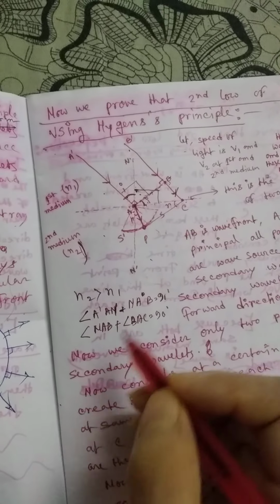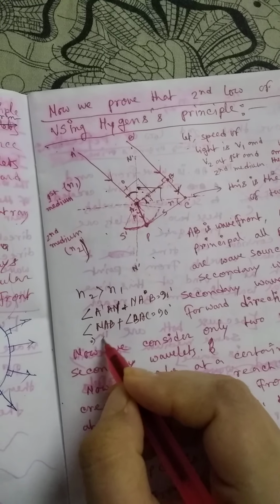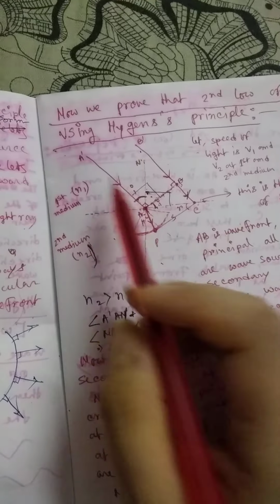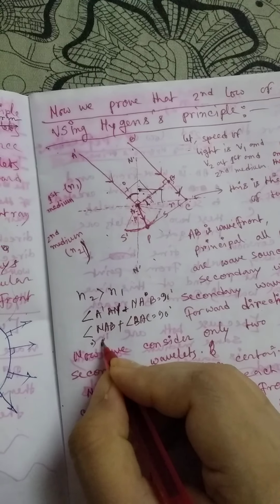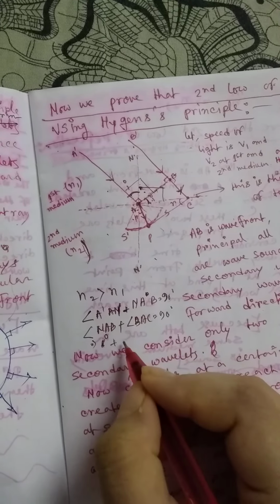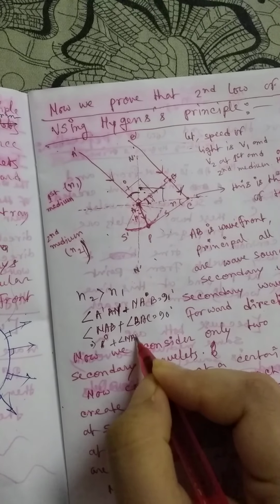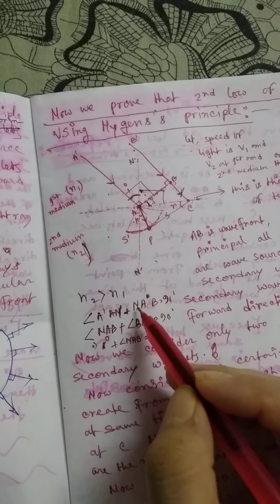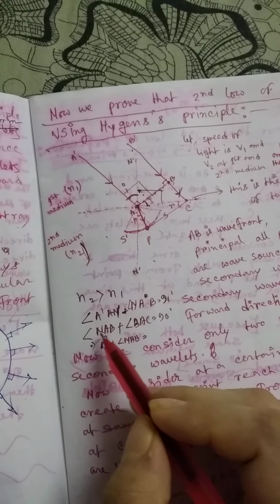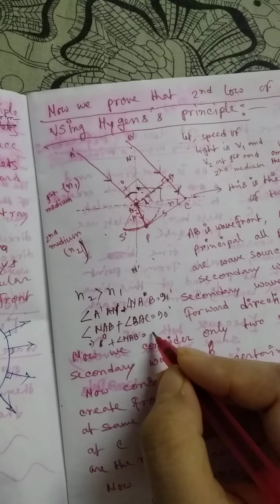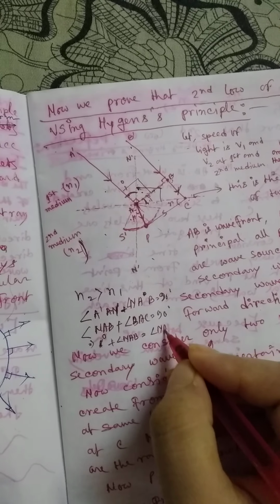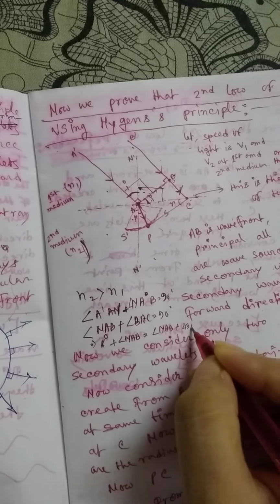So that means we can write angle A dashed AN equals I. So I plus NAB equals, because both are 90 degree, NAB plus BAC.